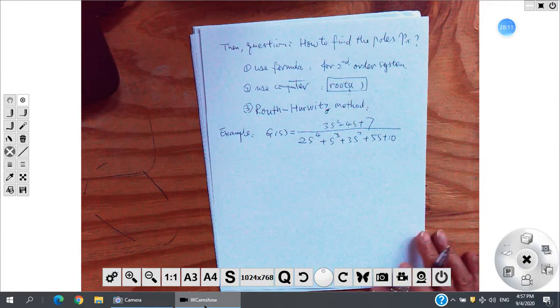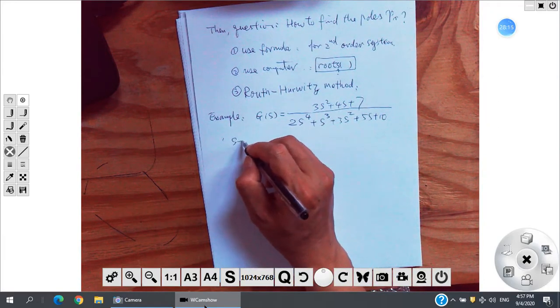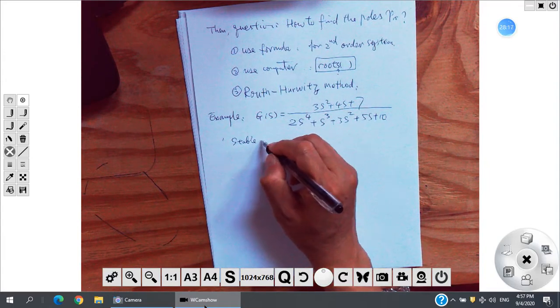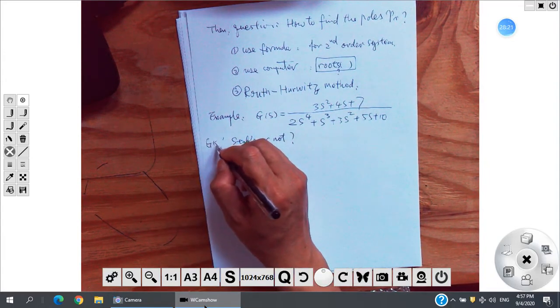Then we want to check whether this system G is stable or not.